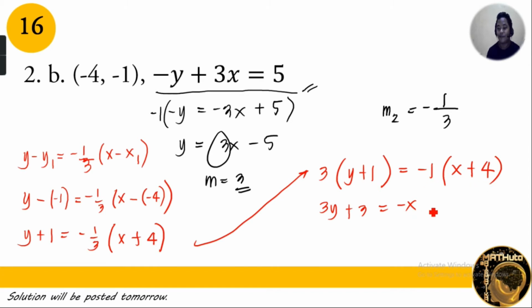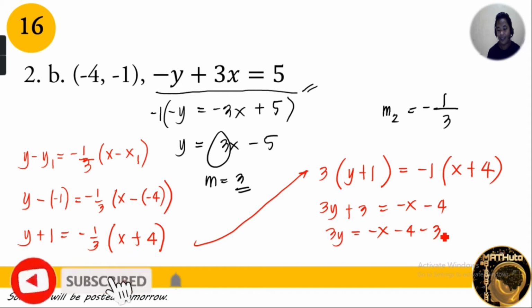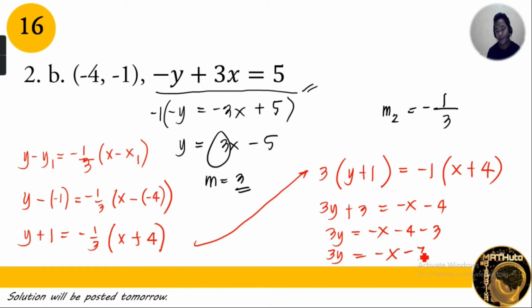Negative 1 times positive 4 is negative 4. Writing this equation in slope-intercept form, 3y is equal to negative x minus 4 minus 3. So, yung positive 3, ilipat natin sa right, kaya naging minus po. 3y is equal to negative x minus 7.